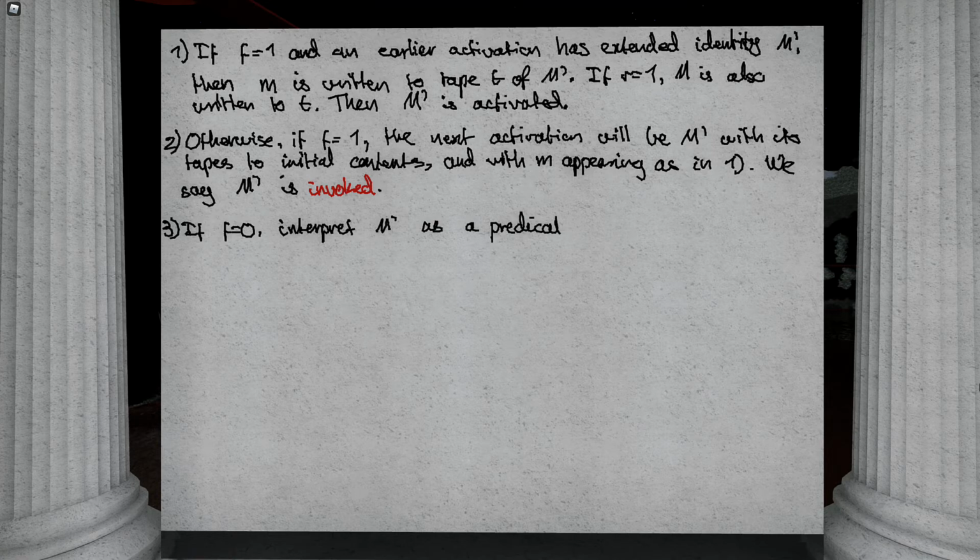And the specific way that we do this is not spelled out at this step. So the idea is that, for example, you might say, okay, give me any machines that have the same code. Maybe they have a different ID number, but they have the same code. So we're looking at all of the machines that have been invoked so far, and in some unspecified manner, we interpret the target machine as a predicate.